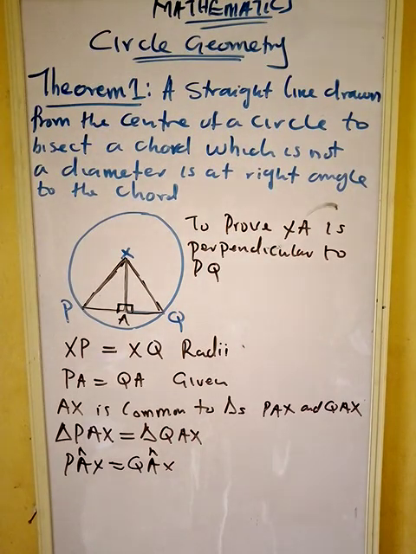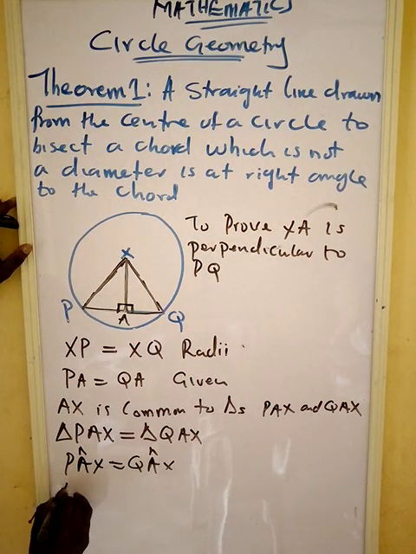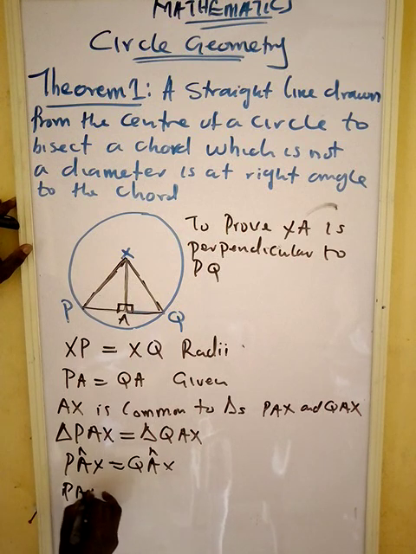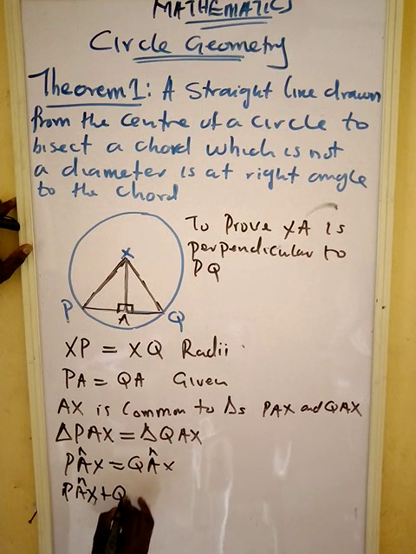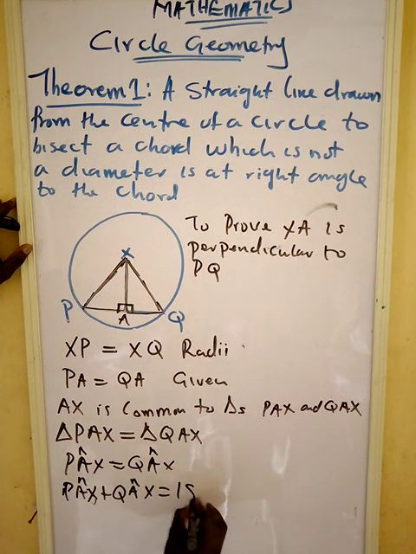So if angle PAX and QAX are equal to each other, I want you to know that the addition of angle PAX plus angle QAX is equal to what? 180.